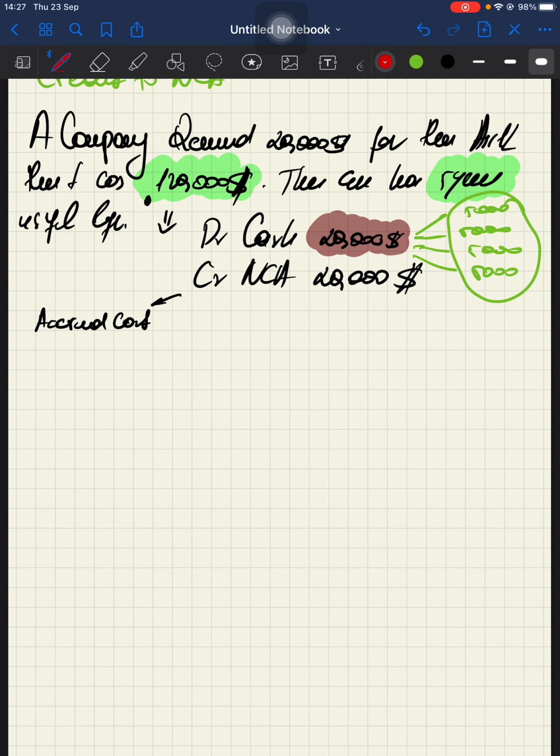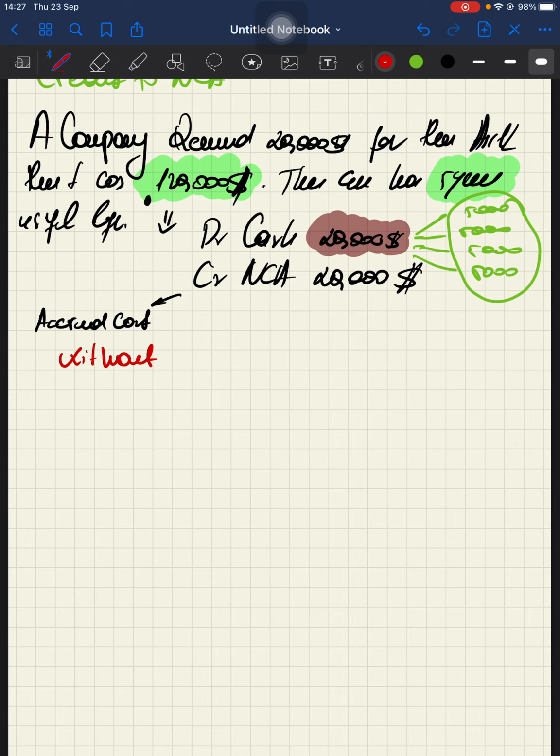So here is how we should treat the repayment of the government grant if we have deducted it from the cost of the non-current asset. In order to calculate this, we should create two different columns.